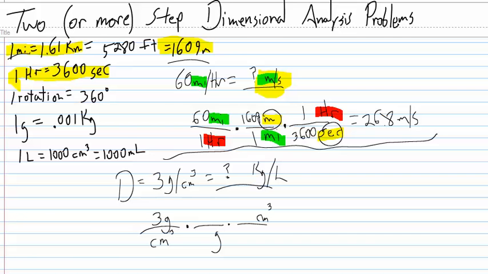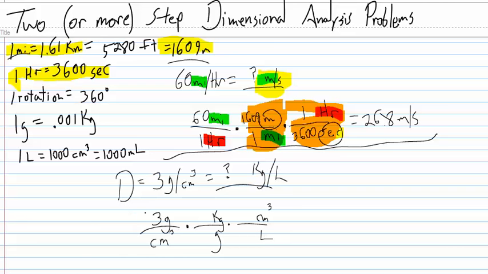Like in the previous problem, I used one fraction to fix distance, and another fraction to fix time. So I'm going to do the same kind of thing here. In the first fraction, I'm going to get rid of grams and go to kilograms. And in the second fraction, I'm going to get rid of cubic centimeters and go to liters.